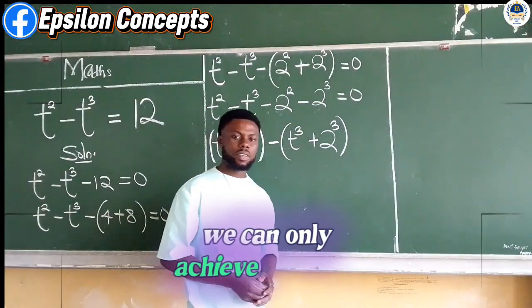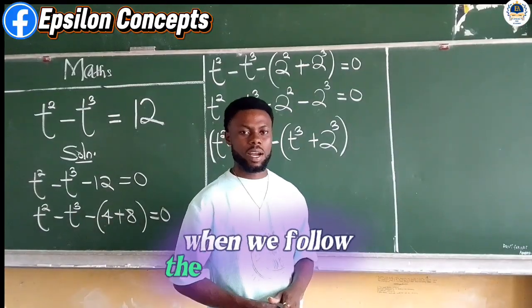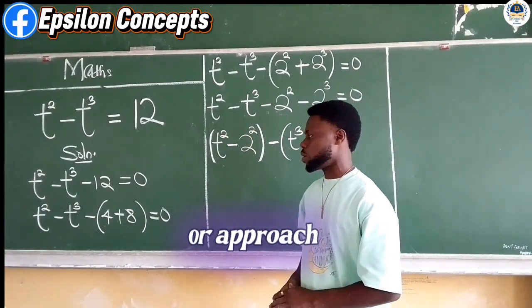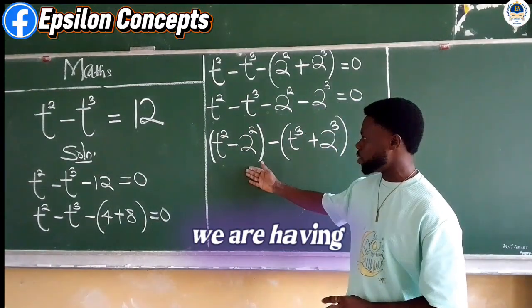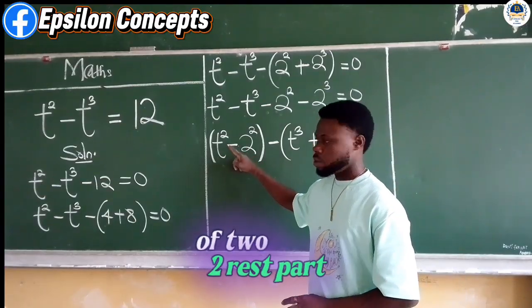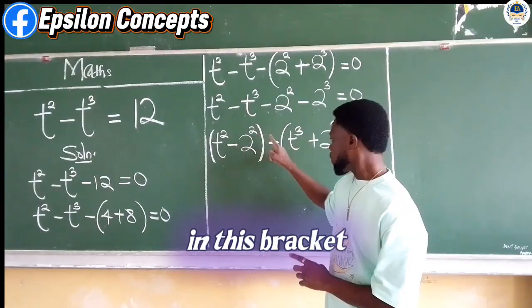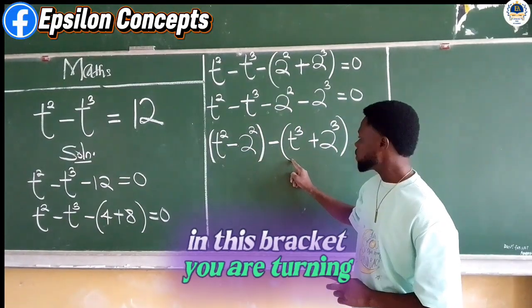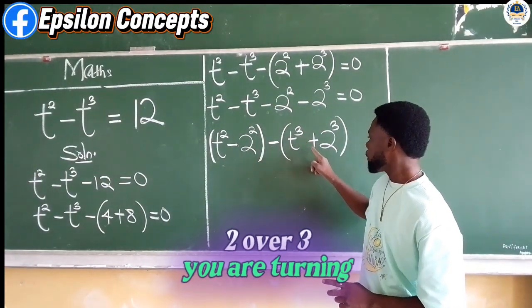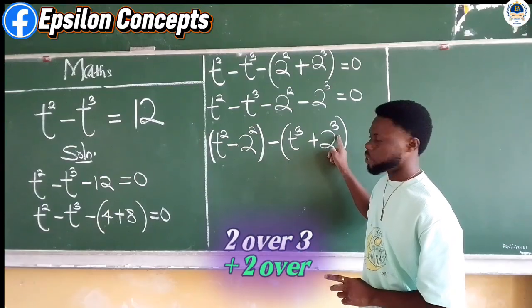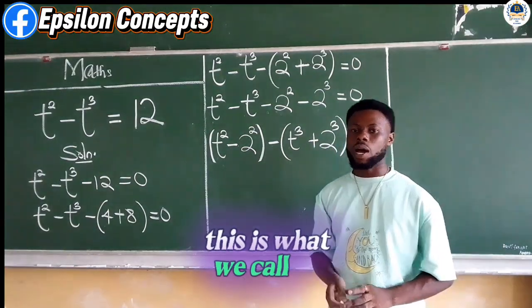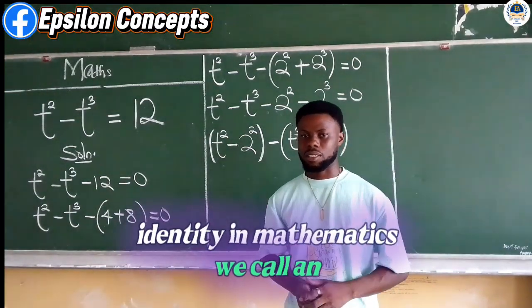We can only achieve the right result when we follow the right principles or approach. At this point, we are having t raised to the power of 2 minus 2 raised to the power of 2 in this bracket, while in this bracket we are obtaining t raised to the power of 3 plus 2 raised to the power of 3. This is what we call an identity in mathematics.